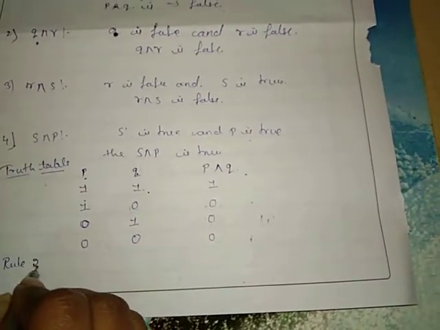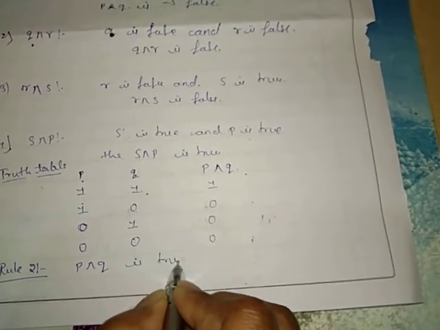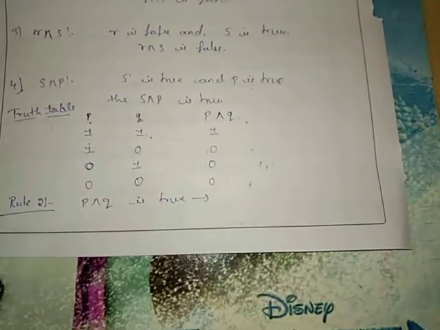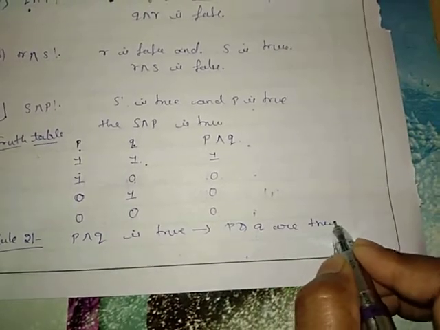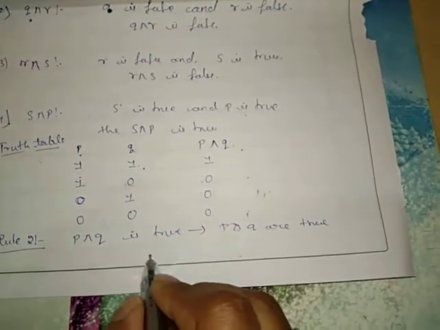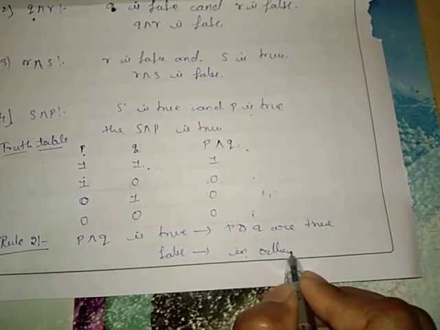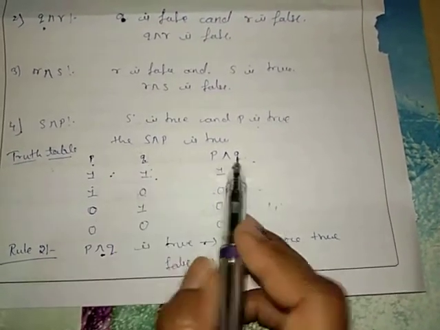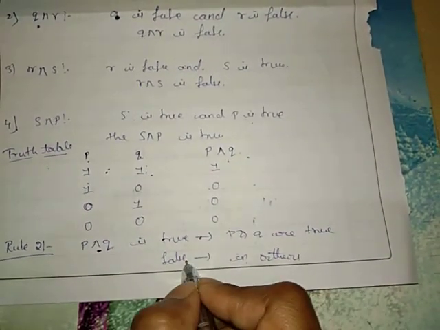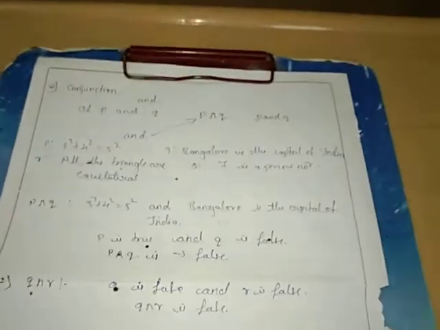So in the conjunction we take the rule 2 that states that P and Q is true only if both P and Q are true, and it is false in all other cases. So that is the meaning of conjunction.